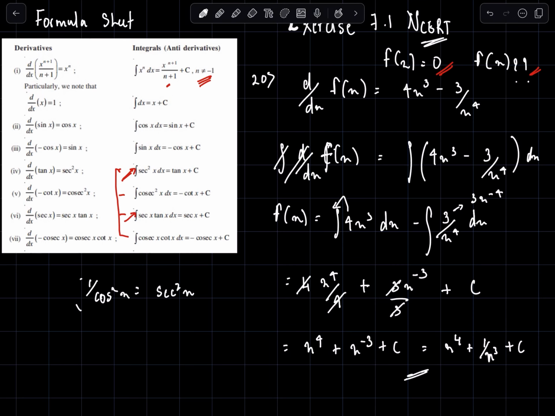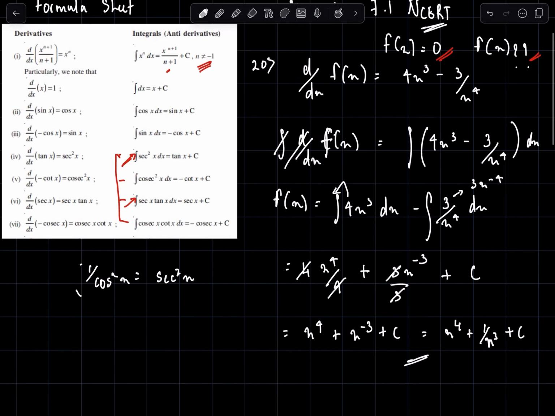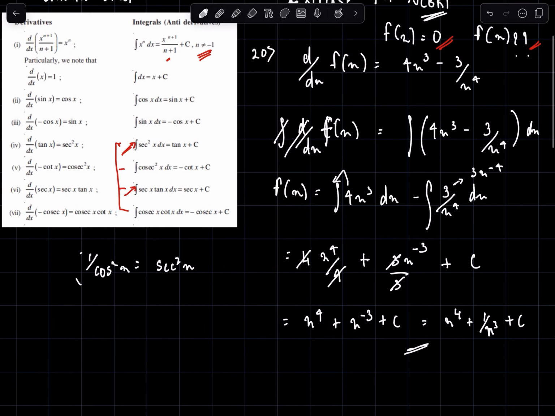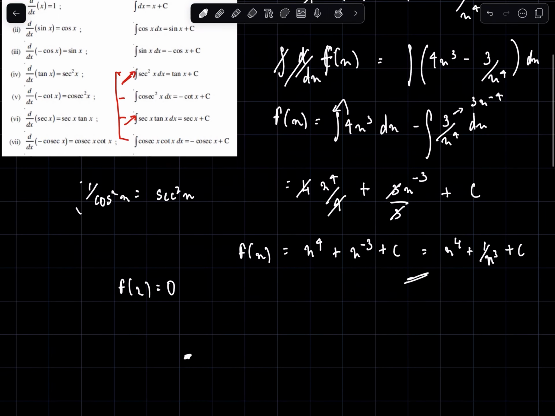So let's solve for this. f of 2 is equal to 0. So we know this is f of x, so let's substitute. f of 2 is equal to 2 raised to power 4 plus 1 by 2 raised to power 3 plus c, and this whole equation is equal to 0.